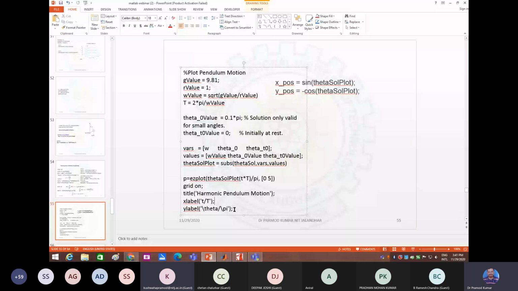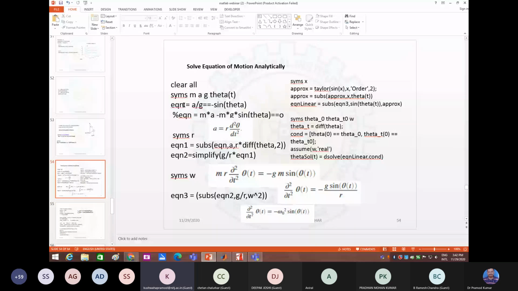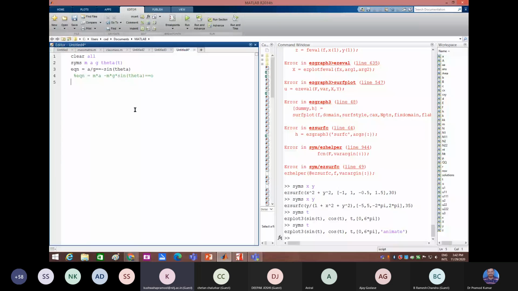This way, we will do one by one from here in the Matlab window. We'll go from here, clear, write this one into this. I hope first you understand, and then we should do it.